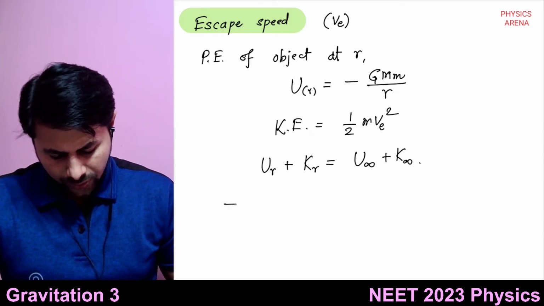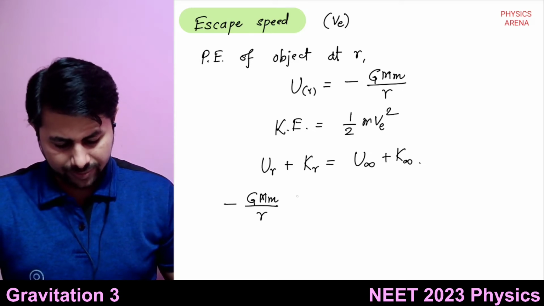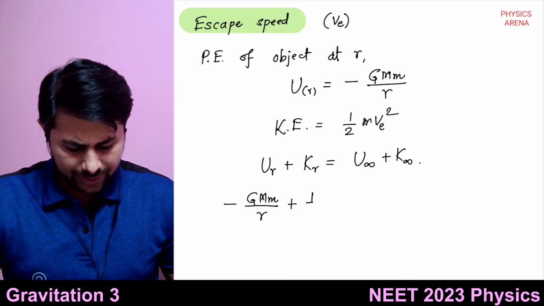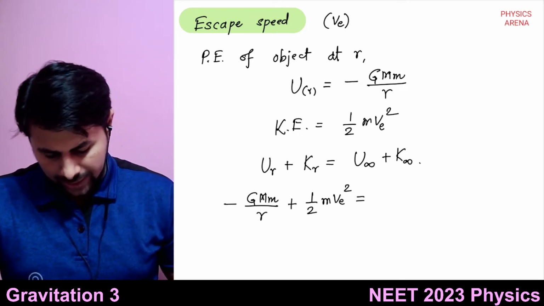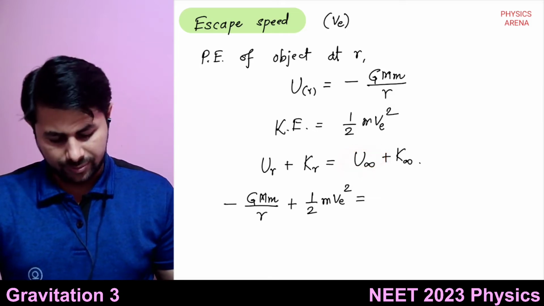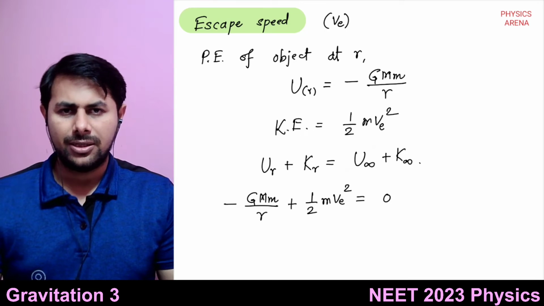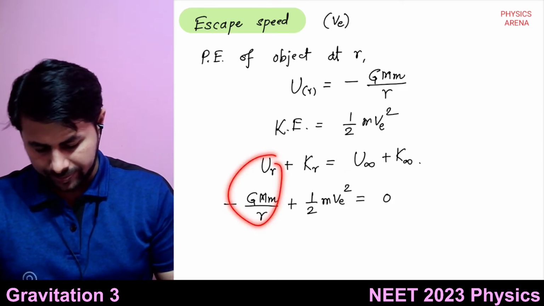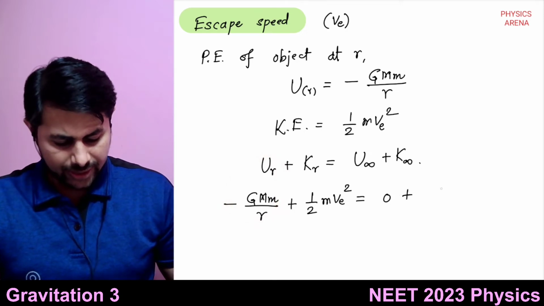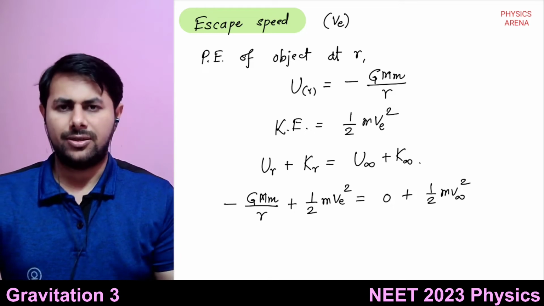This is just the law of conservation of energy. Then what is U at r? Minus GMm divided by r. What is K at r? Half of m into v square. And potential energy at infinity we consider to be 0. Plus kinetic energy at infinity is half of m into v infinity square.